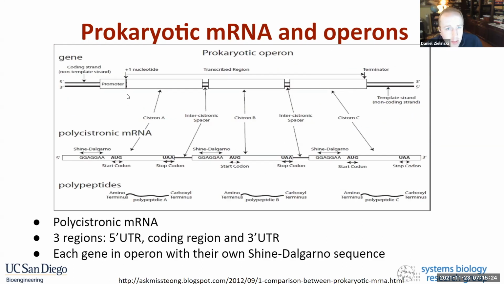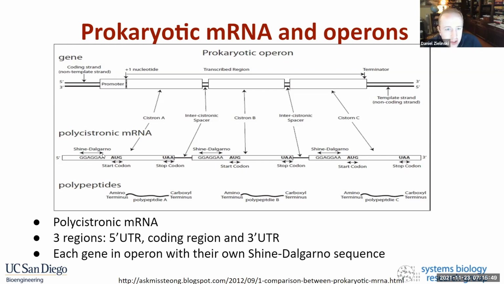So as you might be aware, the genes in bacteria are often organized into operons. So operons are going to have multiple genes that are all within a single transcription unit. So you can have one promoter that then transcribes multiple different genes that have some kind of intercistronic spacer.